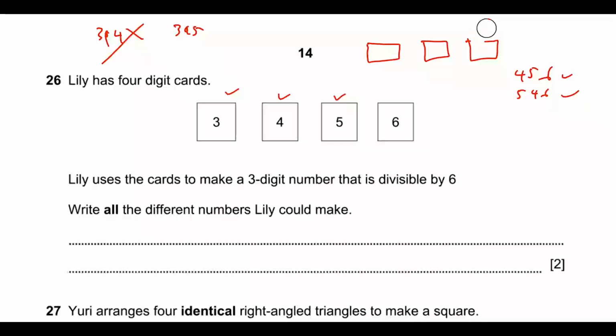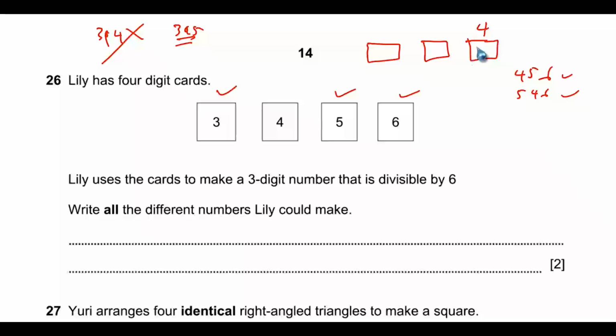Now let's go to the other one, where 4 is the last digit. If 4 is the last digit, that means these three numbers, 3, 5, and 6, could be arranged here, and we'll get the necessary numbers. Now let's start with 3 and 5. If I put 3 and 5 here, it should work. 3 add 5 will be 8. 8 add 4 will be 12.